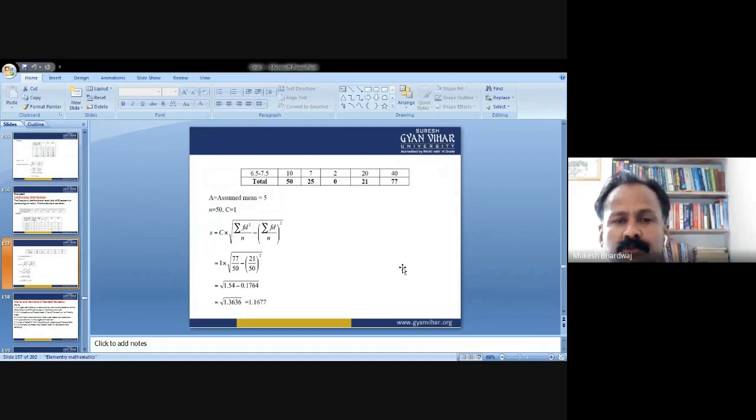So according to the formula, we require C, we require D, and n is already given in the question, that is total 50 observations, 50 shisham plants, and frequency is already given. So we require two data, that is C and D.